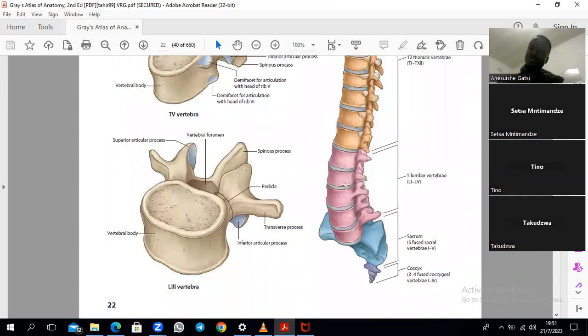In relation to the spine, I'm also going to have ligaments, right? I'm going to have ligaments. These are ligaments that are going to hold the vertebrae in position.